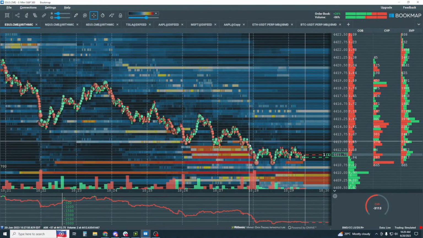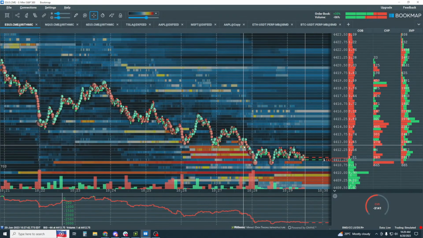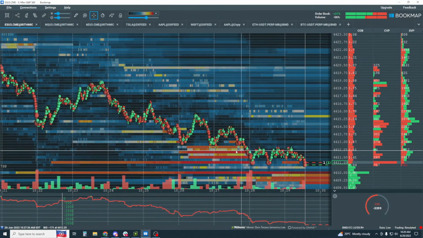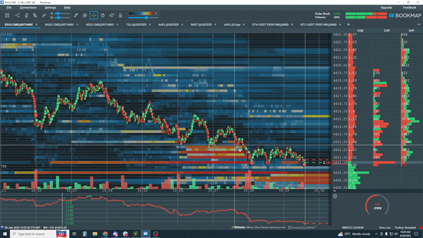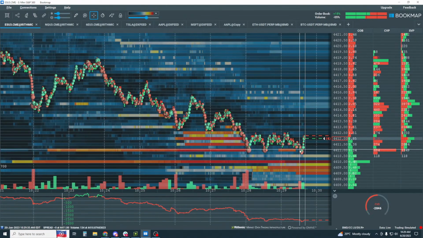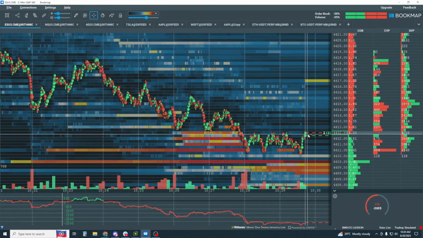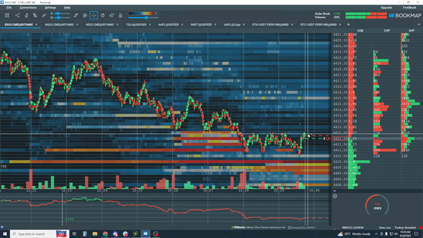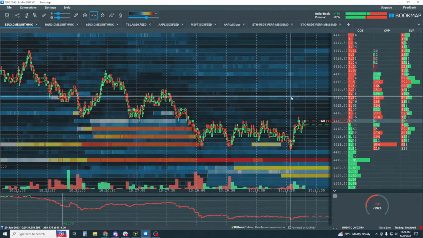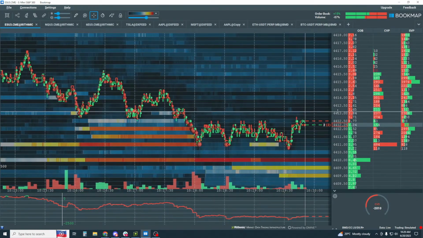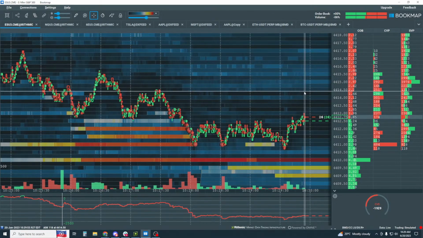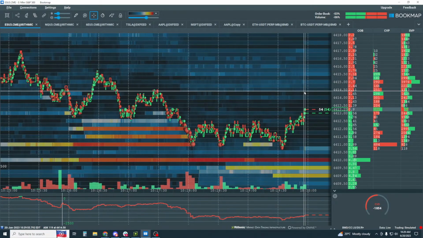Okay, so we're off to some good insight here, understanding that a lot of buyers came in at a higher level in here, and they got filled at these levels in here. Right, so let's see if we get some buyers up here at 12.5. Yeah, not bad. All right, buyers, let's see if you can lift it here to 14.5.